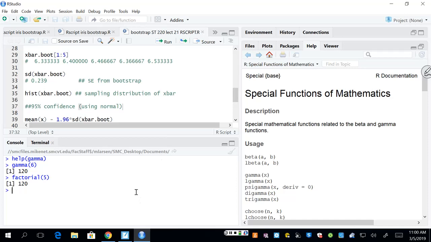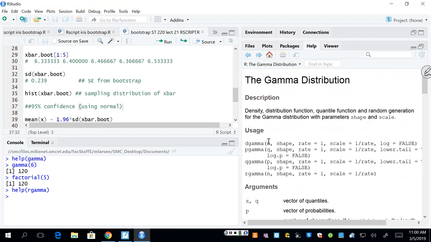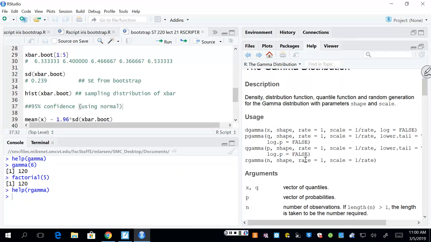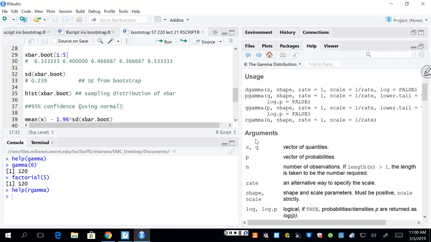There's also things in R for the distributions. Those are the density for a gamma, or the cumulative probability, the CDF function, or finding quantiles, percentiles of a gamma, or giving random values of the gamma. And there's a similar thing for exponentials.